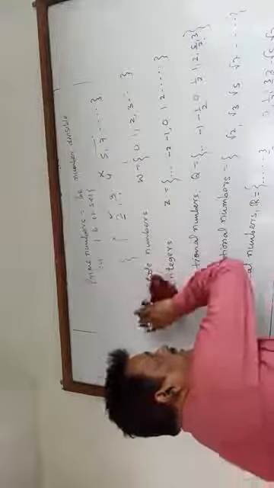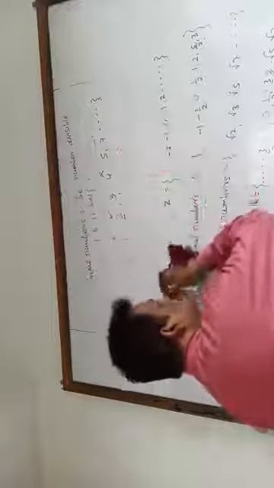The numbers which are not prime will be called as composite numbers.